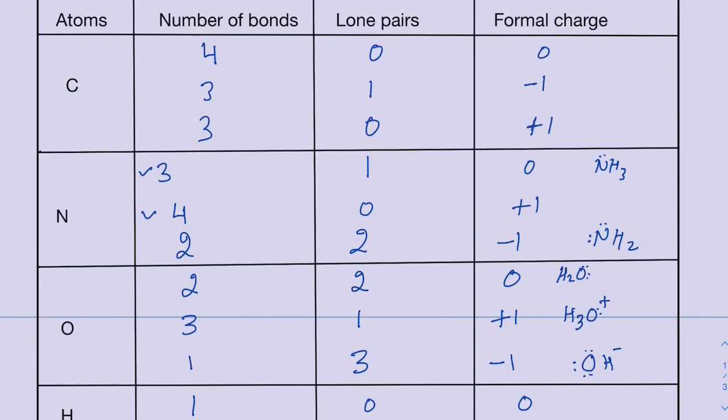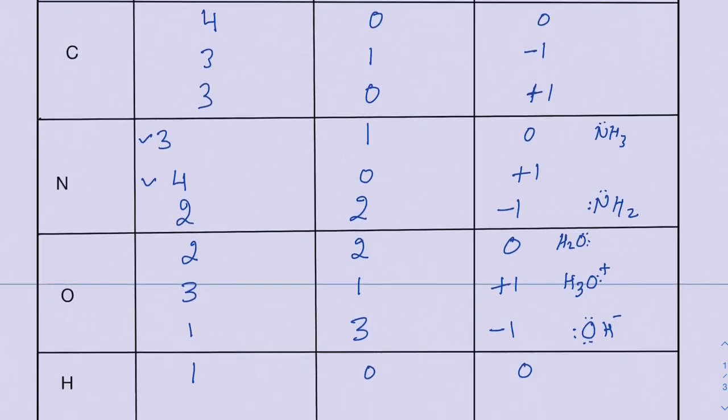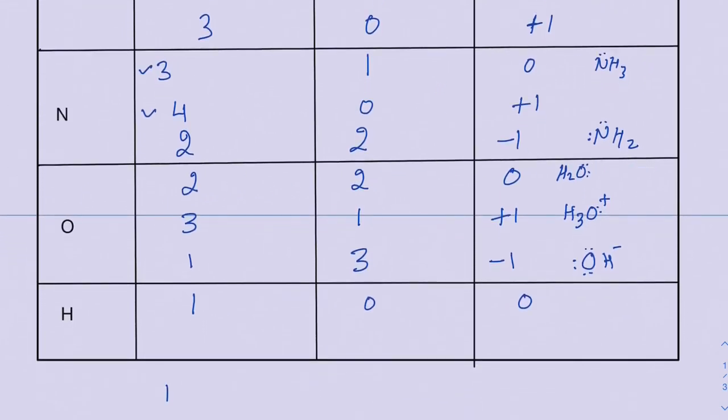For example, I can write down H. If I write H plus, that means the formal charge at this point on the hydrogen is +1. If I see H minus, then the formal charge on the hydrogen at this point is -1.